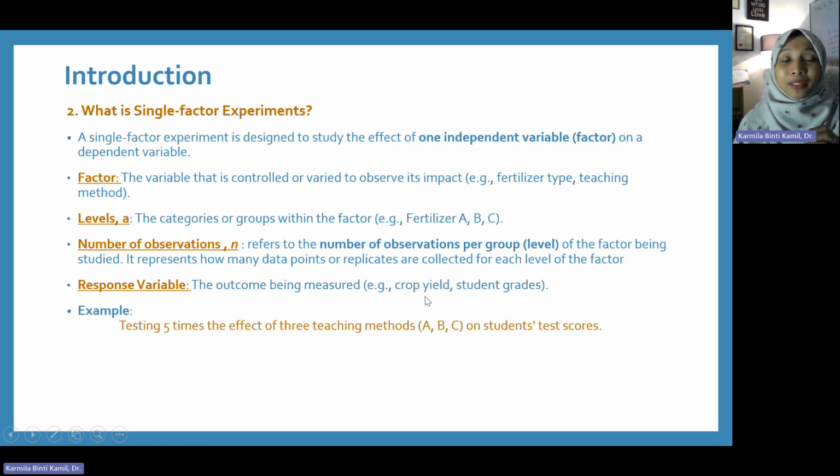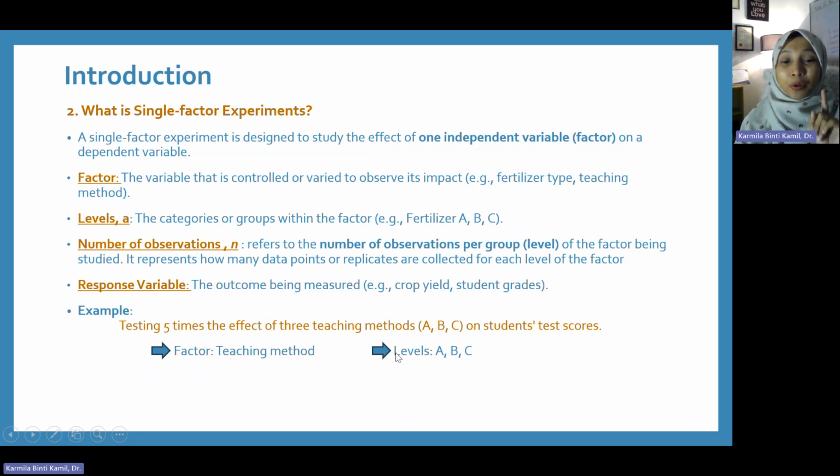All right, example, okay, there's a single factor experiment case here, testing 5 times the effect of 3 teaching methods on students' test scores. So which one is factor, which one is level, which one is N, number of observations? Okay, let's look. The first one is factor. Factor here is the teaching method. So we are going to learn the effect of 3 teaching methods, right?